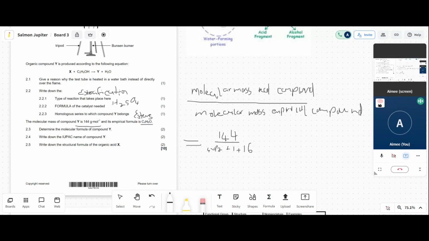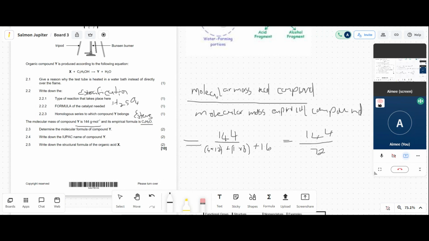So it's going to be 4 times 12, 1 times 8, because we've got 4 carbons, we've got 8 hydrogens, and we've only got 1 oxygen. So that becomes 144 over 72. Remember, the 16, 1 and 12 are numbers that I got off the periodic table.